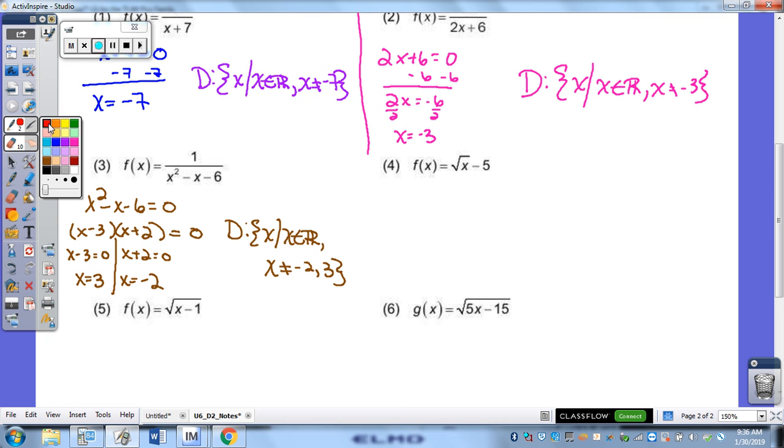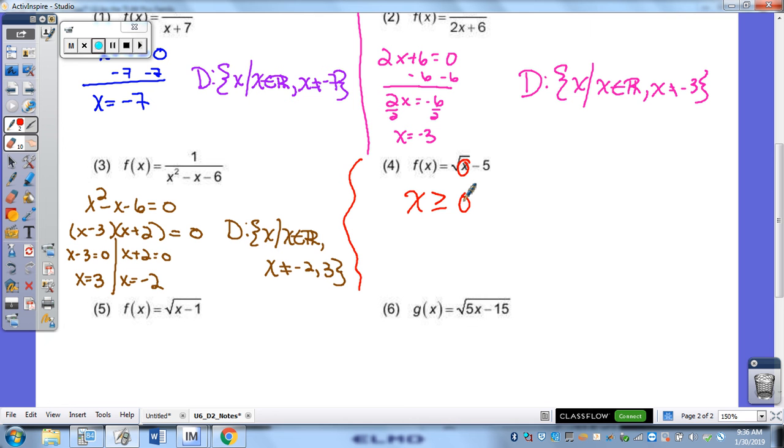Questions on those fraction ones? Okay. So let's practice some radicals. So with the radicals, the whole thing about it is it has to be 0 or it has to be positive. So all you have to do is take the stuff that's under the radical. So in this case, the only thing under the radical is x. And you're going to set it greater than or equal to 0.